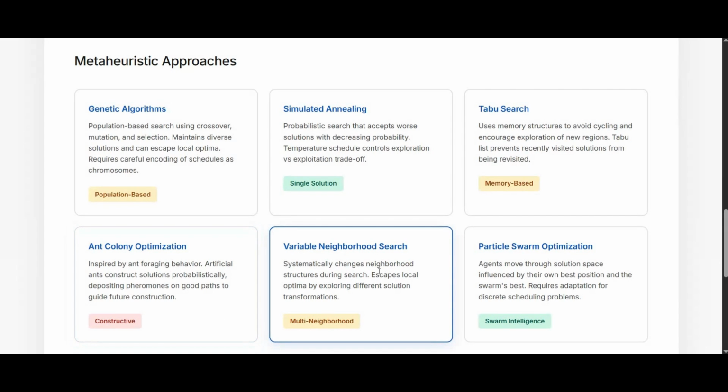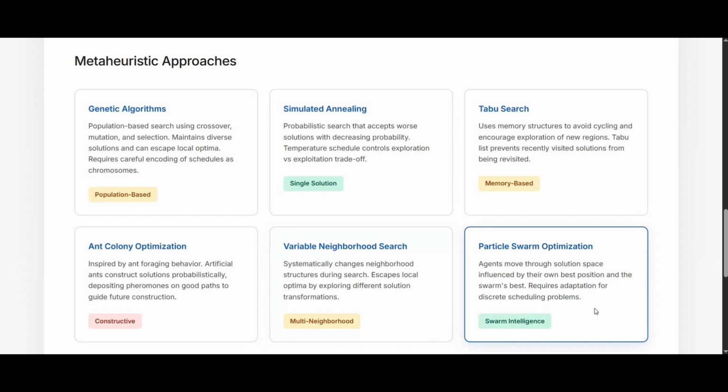Variable neighborhood search works by changing the neighborhood structures, basically the way we modify current solutions to escape local traps. And particle swarm optimization. This method is inspired by group behavior like birds flocking or fish schooling. Each solution, called a particle, moves through the space based on its own experience and the swarm's best known positions.